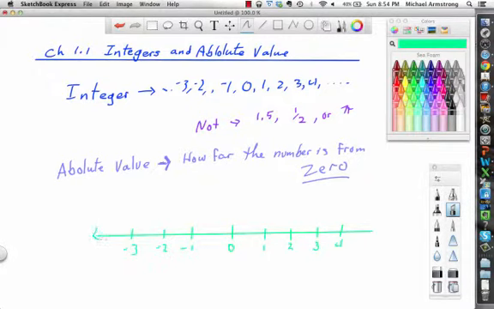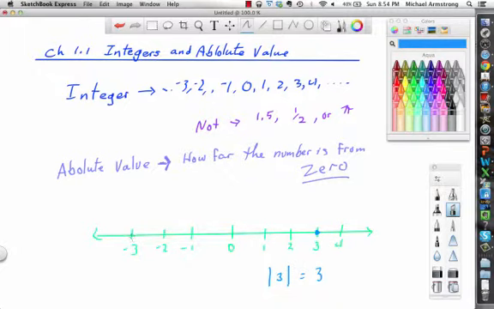And of course the number line goes forever in both directions, but we're only going to look at these ones. The absolute value of the number 3 is 3. And the way we would write that, we write that with these two vertical lines. The absolute value of 3 is 3.